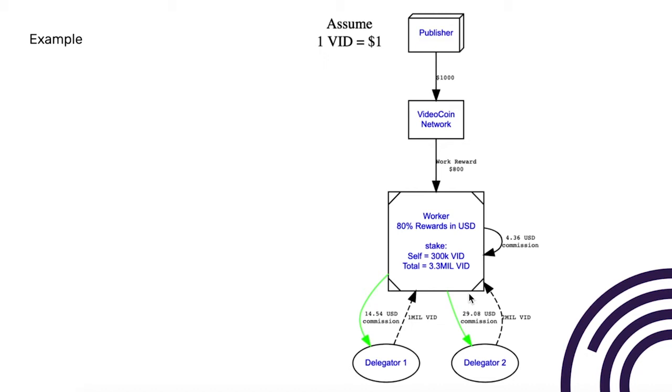Again, like I said, these numbers may be totally wrong, but you get the essence here. When there is a payout that comes in, there is a self payout, and then the delegators are also paid out. This is only an example of how WithPool works.